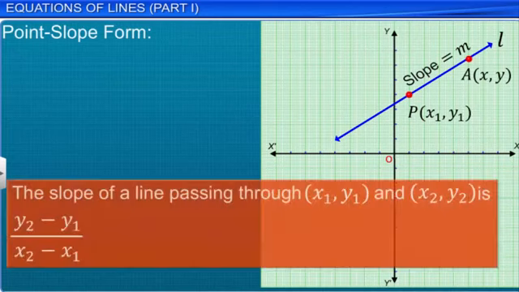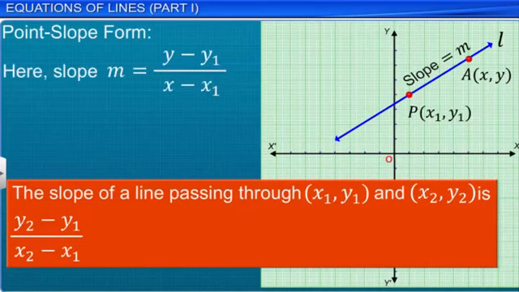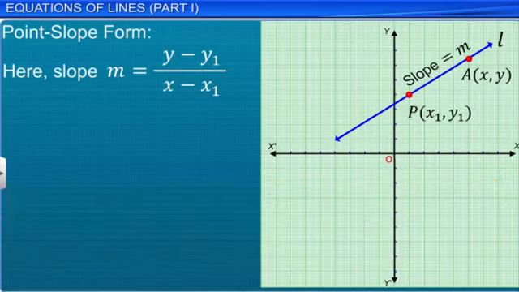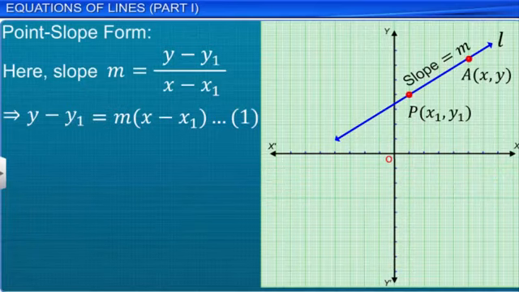Recall the formula for the slope of a line passing through two given points. According to the formula, slope m of line L passing through points A and P is given by (y minus y1) divided by (x minus x1). From the formula for the slope of a line, we get equation 1.